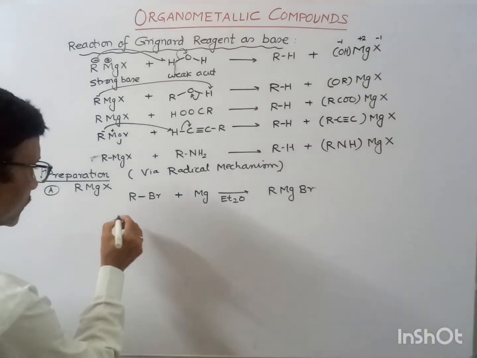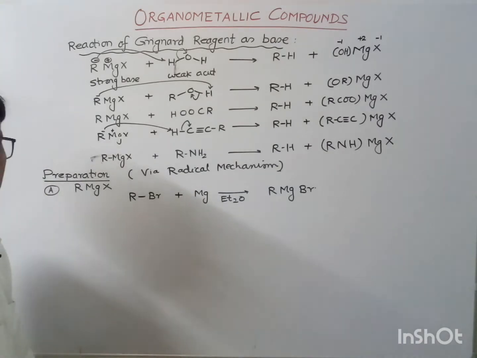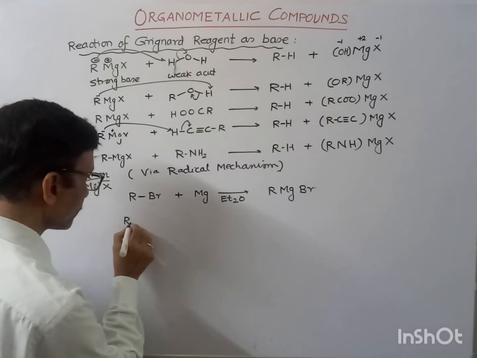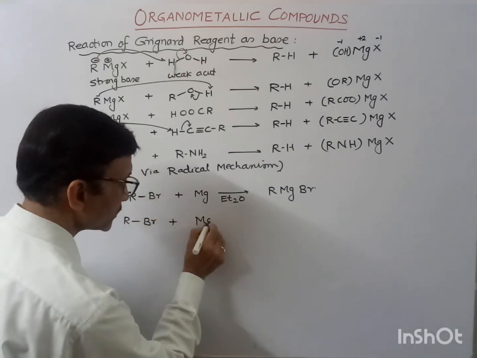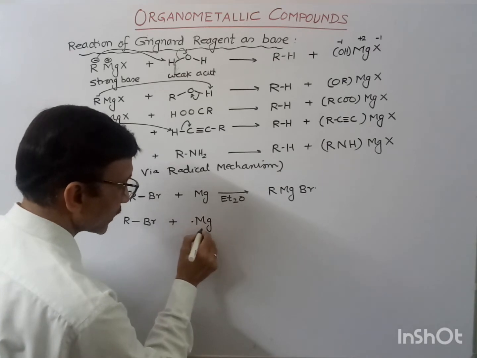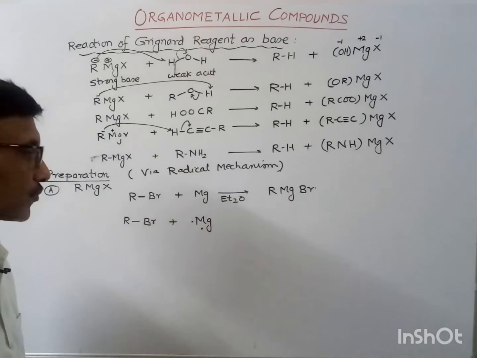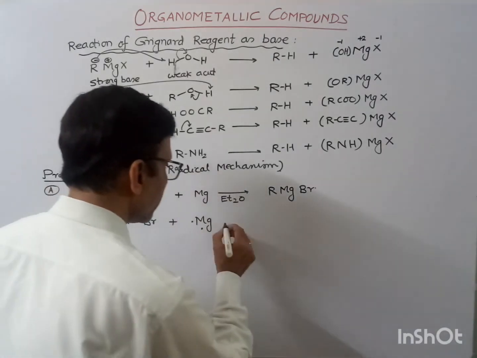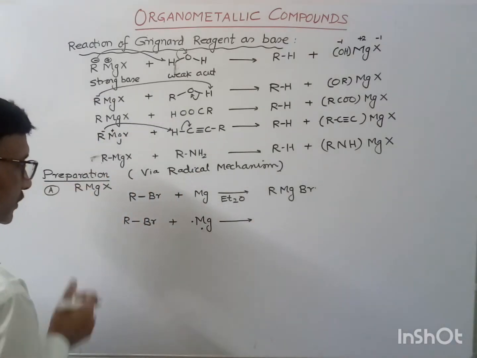If you see, this magnesium is having two valence electrons, it is quite electropositive, which it can easily donate.